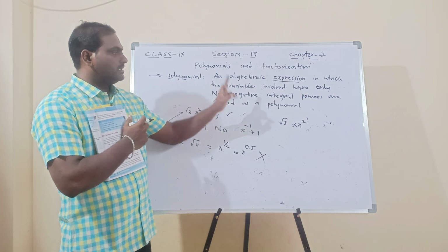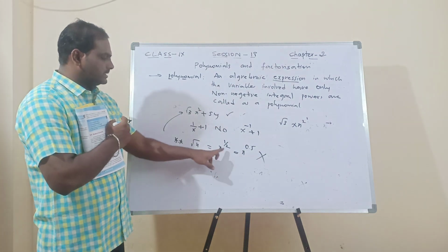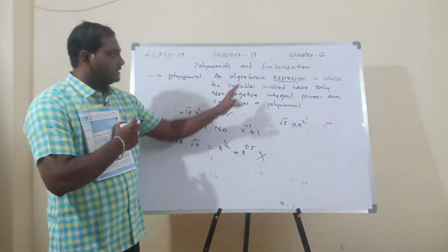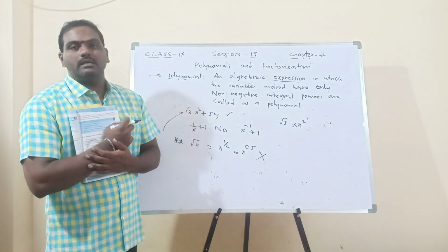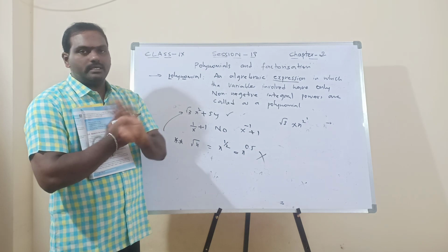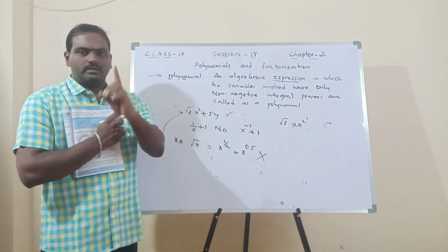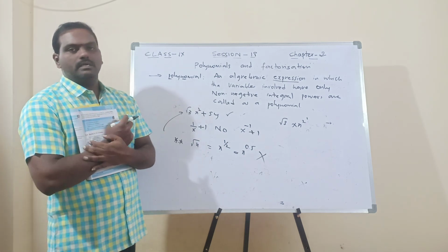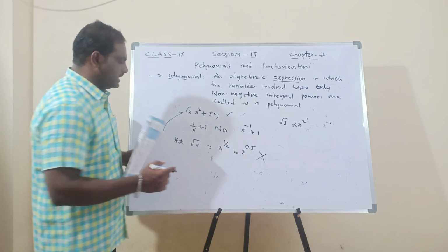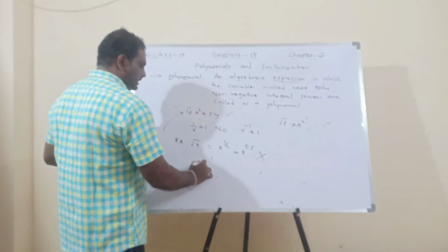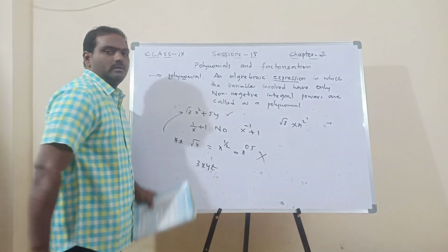What is the condition? Of course it is in plus, but the power must be integral. We got 0.5, 1.5, 2.5, that's not a polynomial. It must be 1, 2, 3, 4, 5, 6 like that only. So that's why this is not a polynomial. Okay? And the last question is 3xyz. Yes or no?